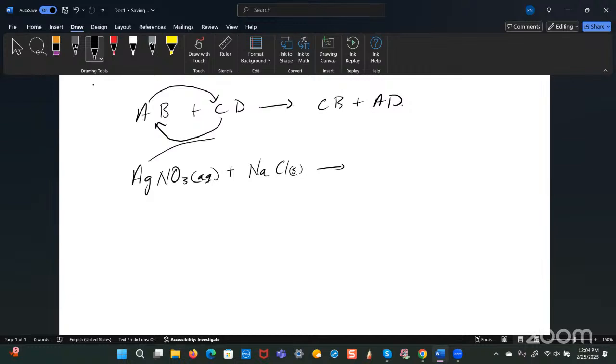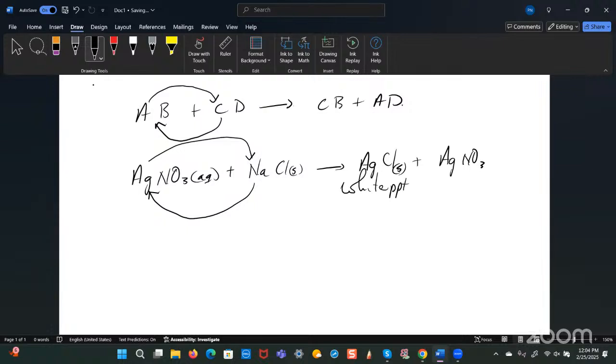The silver is going to displace the sodium to form silver chloride, and the sodium is going to displace the silver to form sodium nitrate. If you did it in a test tube, with the silver nitrate and the sodium chloride, you're going to see the spontaneous formation of a white precipitate. That white precipitate will be the silver chloride.